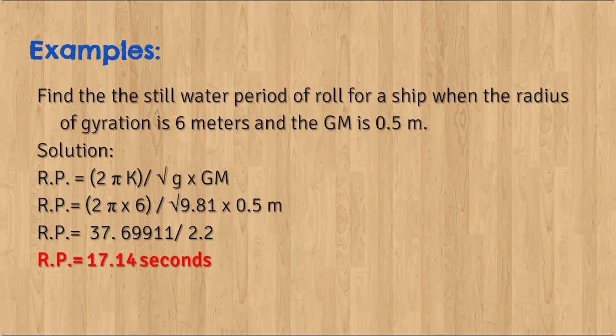This radius of gyration is the distance in which a heavy object inside the ship, like for example we have the crane, and then we have drums of water, and then we have the given weight, and then we will be shifting it from time to time so as to create a momentum where the ship will roll in still water.